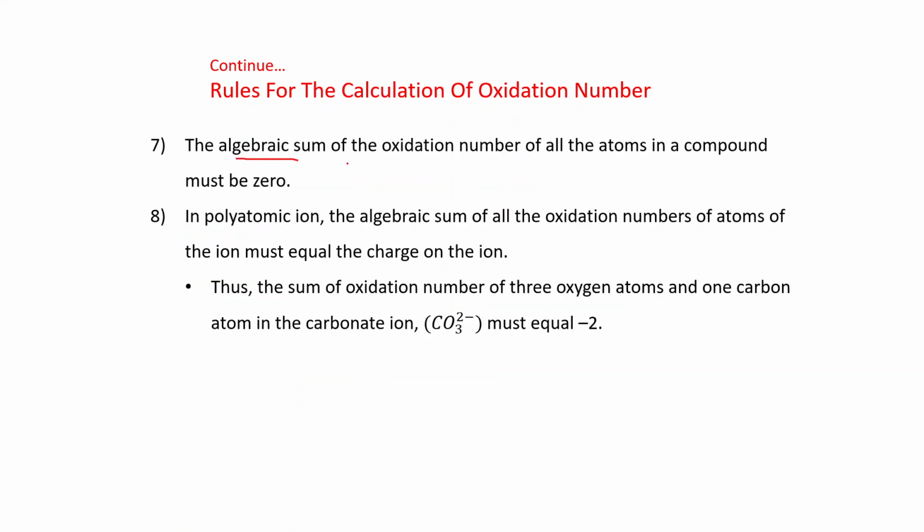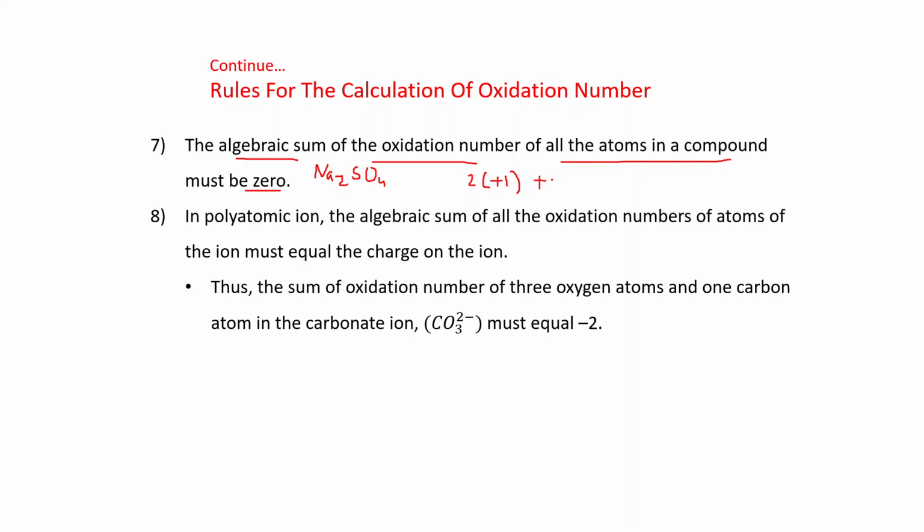The algebraic sum of the oxidation numbers of all the atoms in a compound must be 0. Now we will take an example. Consider sodium sulfite, Na2SO3. If you want to find out the oxidation number of sulfur, there are two sodium atoms, and each sodium has oxidation number +1 because sodium belongs to the first group of the periodic table.